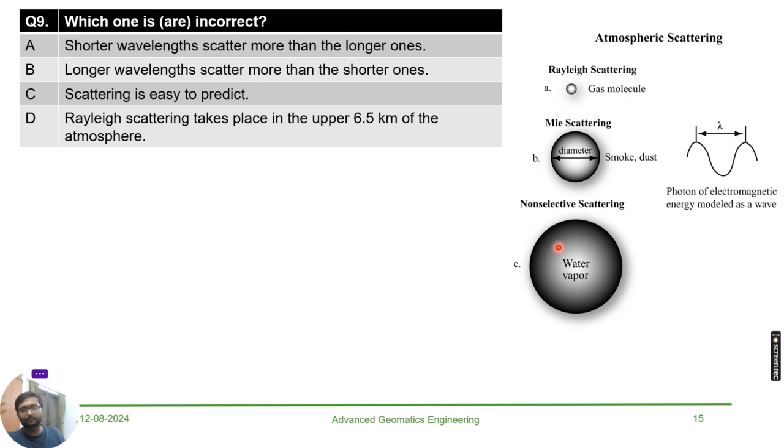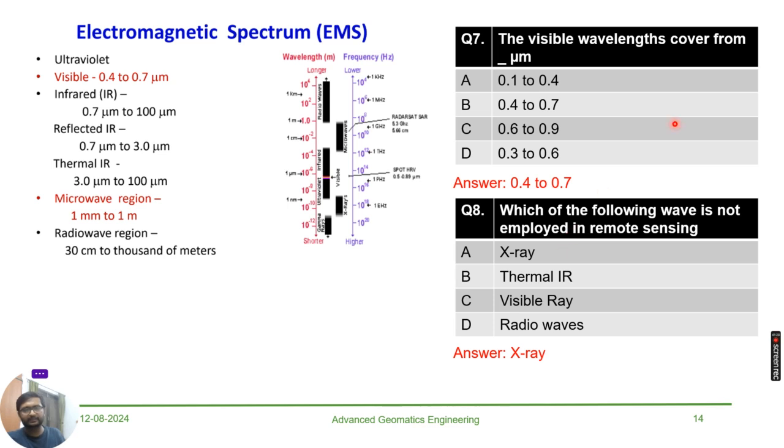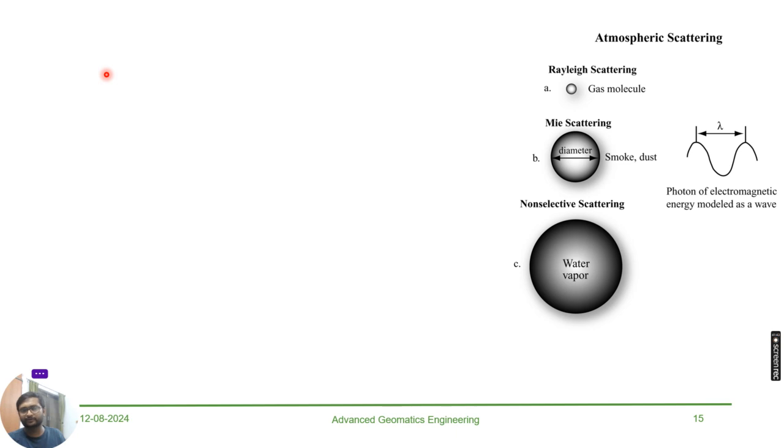Looking at the range of 0.4 to 0.7, RGB, R is 0.6 to 0.7, G is from 0.5 to 0.6, and B is 0.4 to 0.5 micrometer. So the shorter wavelengths, let's say blue or green, are scattered very easily through the atmosphere.